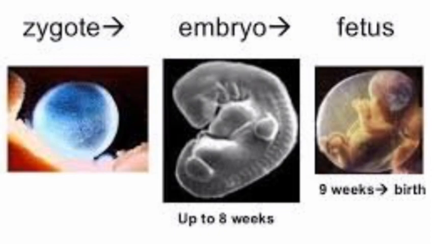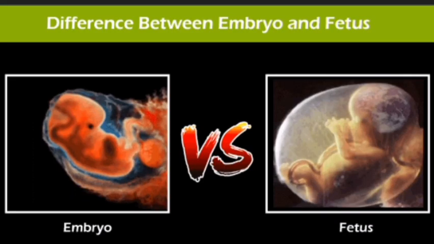It is easy to identify body parts like hands, legs, head, etc. of a fetus, but it is difficult in the case of an embryo. When the development of the fetus is completed, the mother gives birth to the baby.